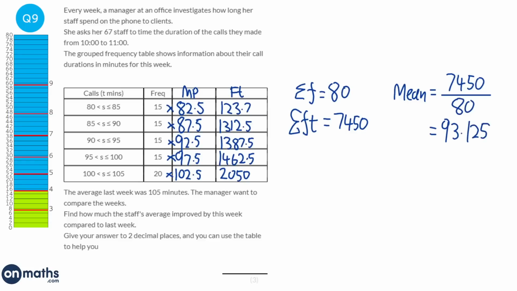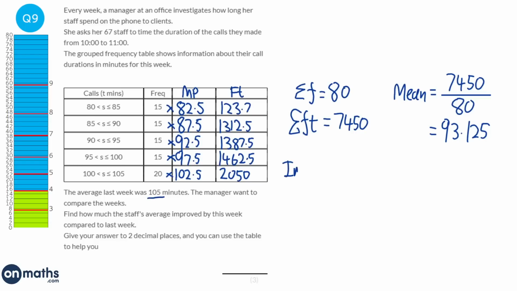93.125. Now this question is about the improvement that the manager has made to the call centre. So we're looking at subtracting the 93.125 away from the last week, which was 105.